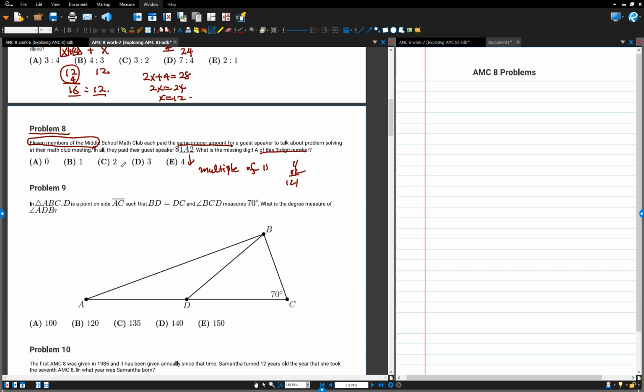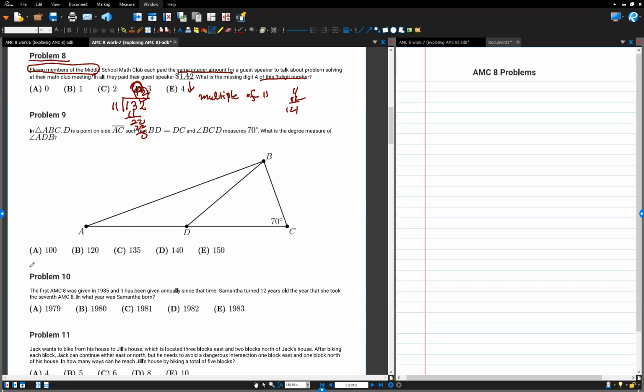Okay. So 122, 112, 142 are not multiples of 11. Only 132 is a multiple of 11. You can check quickly, right? 2 minus 3 plus 1 equals 0. Okay, that's what we have to choose. 3, okay? Yeah, the letter A has the value of 3, okay?